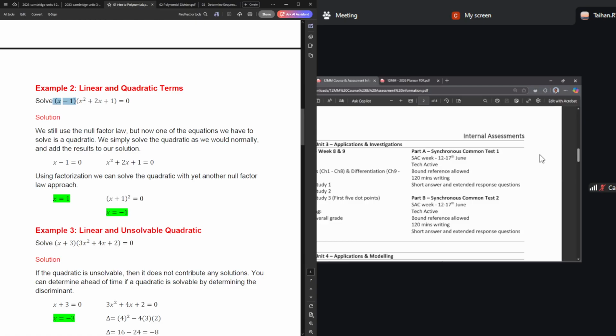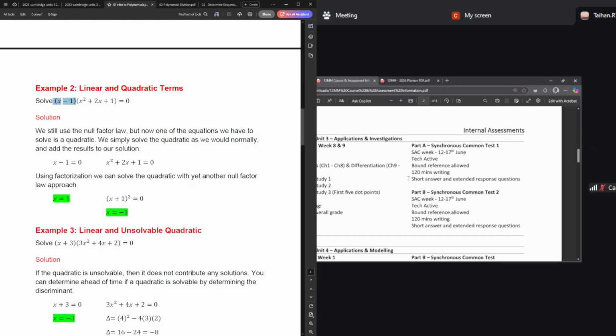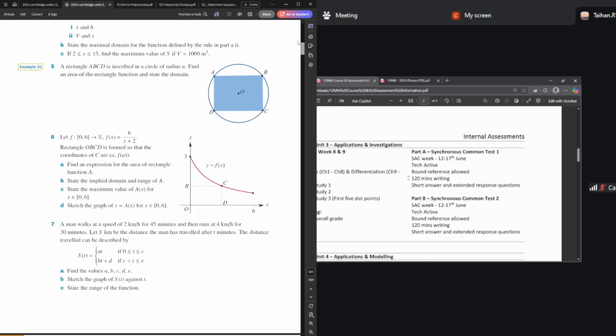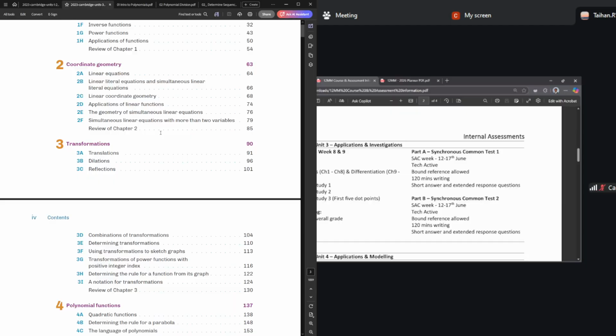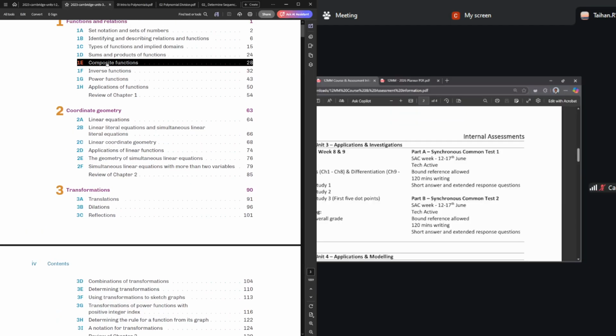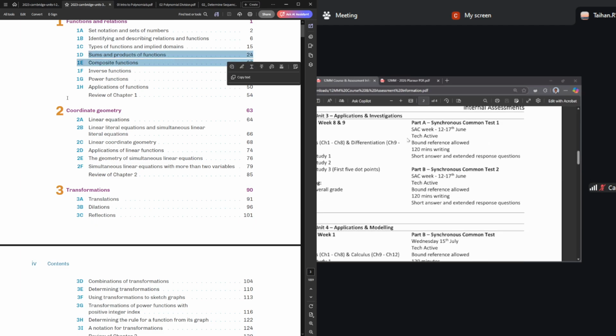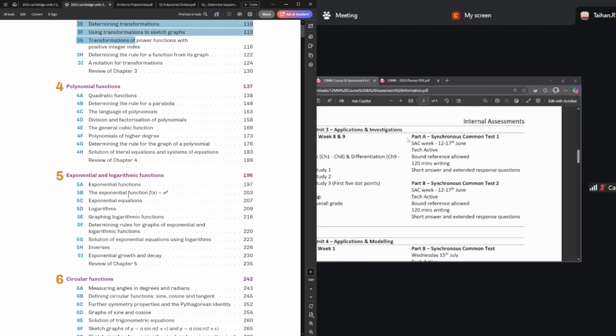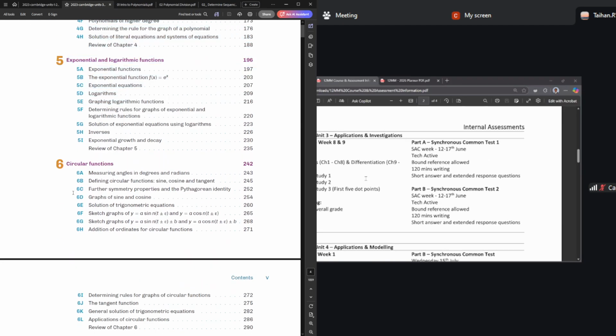Most of Functions and Relations is stuff you've already done. In this entire section, chapters 1 through 8, there's 1 or 2 new topics: composite functions is new, and sums and products. So these two, 1D, 1E, everything else you've seen before.